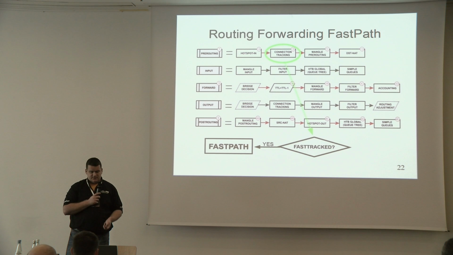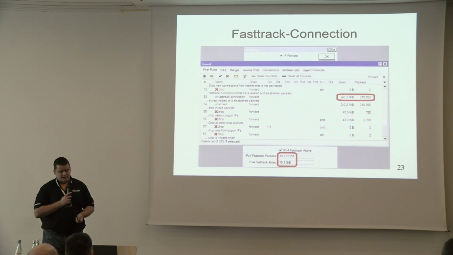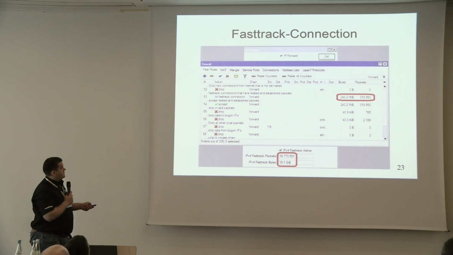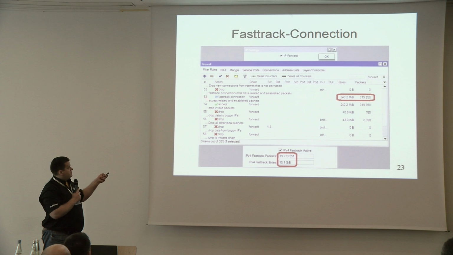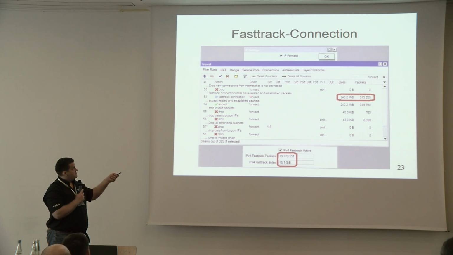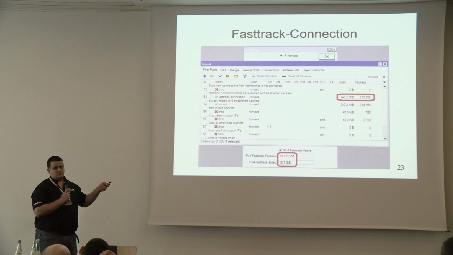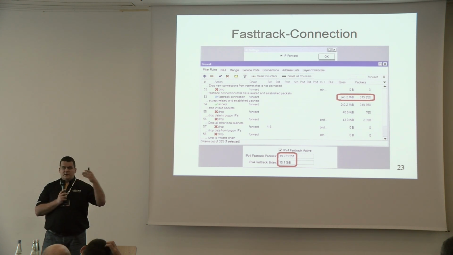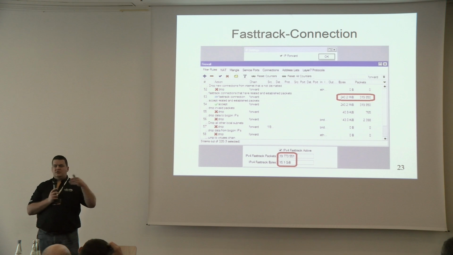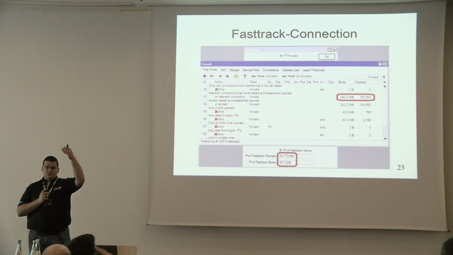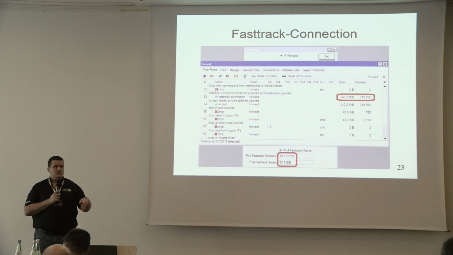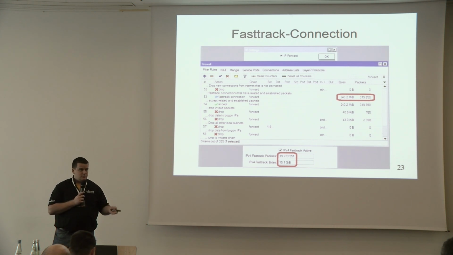So how it physically looks. I have here a simple rule that fast-tracks connections that have reached related and established state. So basically, the first packet that arrives at the firewall is connection state new. You check it through the firewall, and if it's all okay, all the next packets will be connection state established.